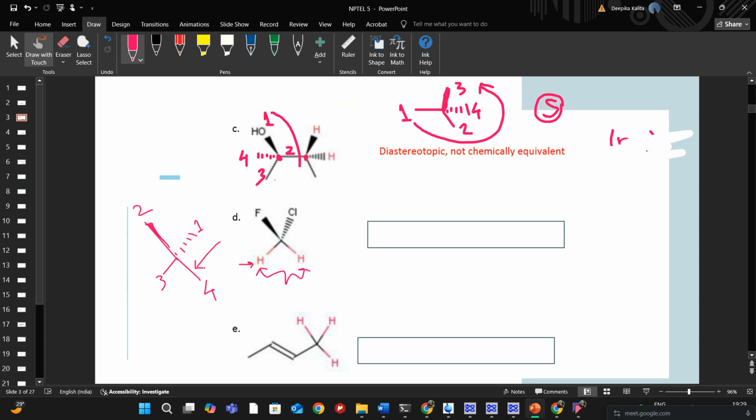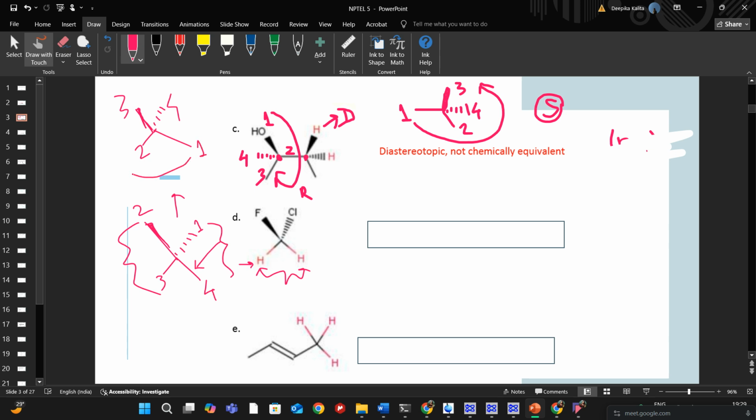Okay, so we are going to interchange these pairs of substituents, and if we interchange that, the third priority group will come here, the second priority group will come here, and the fourth priority group will come in place of the first priority, and here it will be the 1.